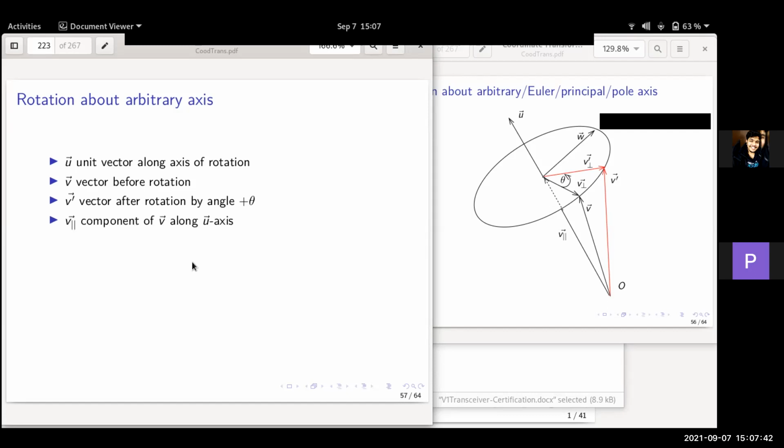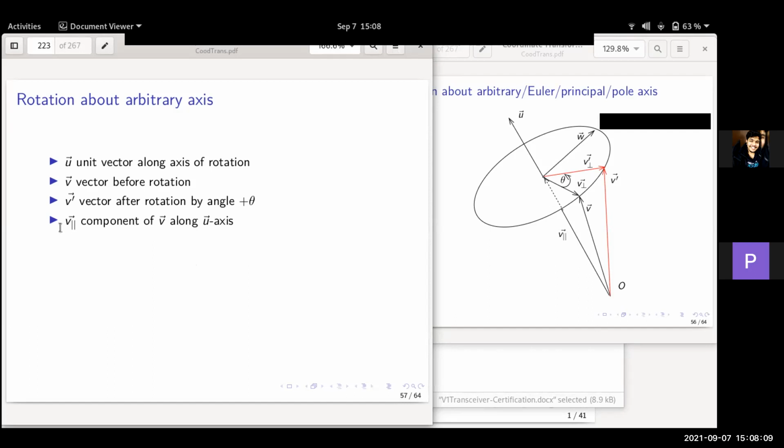You can always decompose any given vector into the components of the basis. In this particular case, we decompose the entire three-dimensional space into the axis u and the plane which is orthogonal to the axis u. So the component of the vector v along the axis u, let us denote it by v parallel.